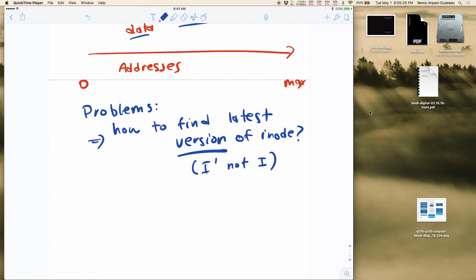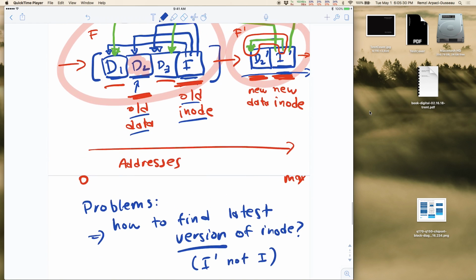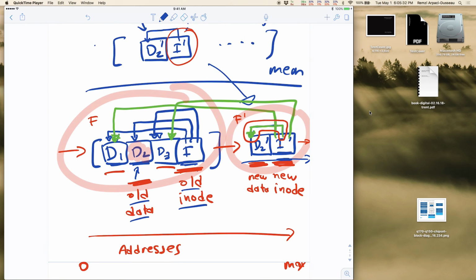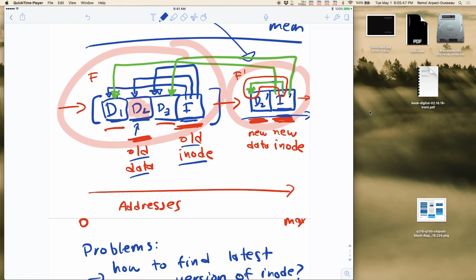So that's one problem. And what's another pretty obvious problem? Let's say we're writing to the disk like this. We start at the beginning of the disk when the file system is created, and we start filling it up with data. What's going to happen pretty quickly to this disk? Yeah, we're going to have old inodes.